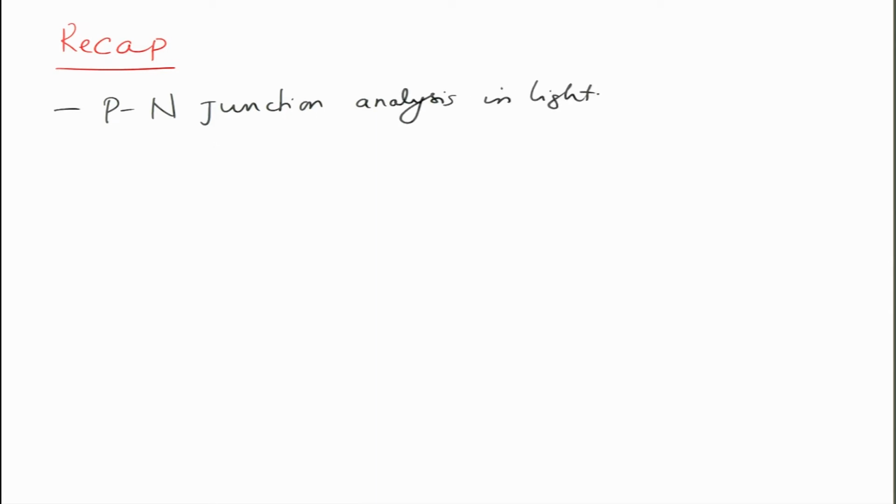In the previous lectures we started our discussion on PN junction analysis in light, and in these conditions what we want to calculate is Jn at minus Wp plus Jp at plus Wn plus JSCR, because this JSCR is now finite because you have a certain amount of recombination as well as generation within the semiconductor.